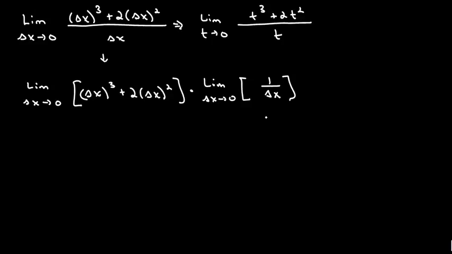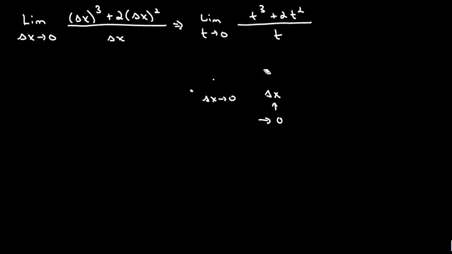The problem with this is that this guy right here is 1 over 0. So the limit here of the denominator as delta x goes to 0 goes to 0. So we can't do this. Okay, so let me erase this. What we need to do is we need to find a replacement function.